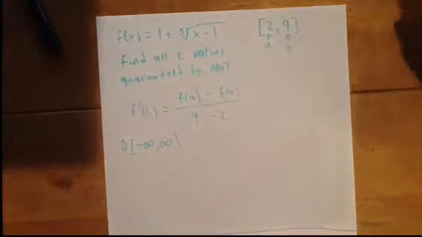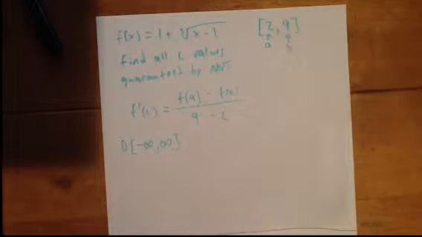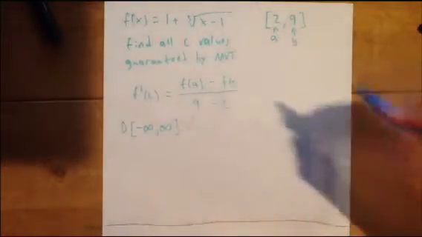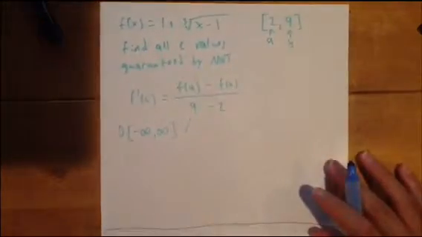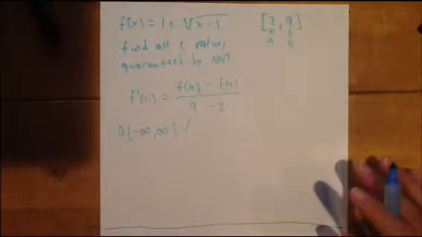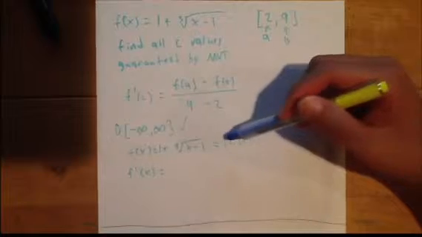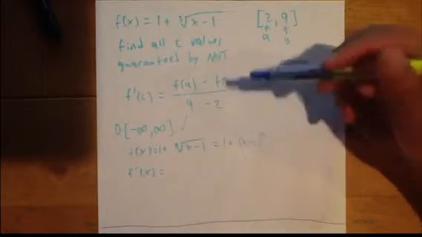Now, to make sure that it's differentiable, I think the easiest way is to just take the derivative and find the domain of that, just to make sure that the derivative exists at all points in the interval. So let's put a check mark on the domain. We verified that, and now we're going to make sure that this function is differentiable in the interval. I've rewritten the function as 1 plus x minus 1 to the 1/3 power.